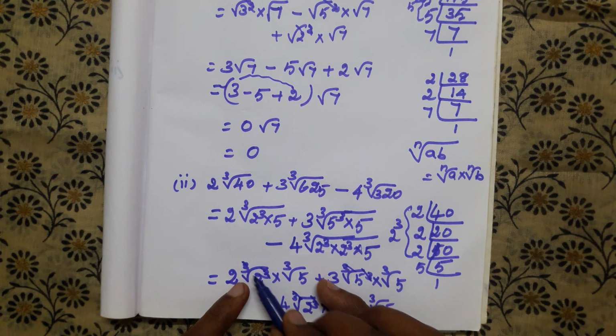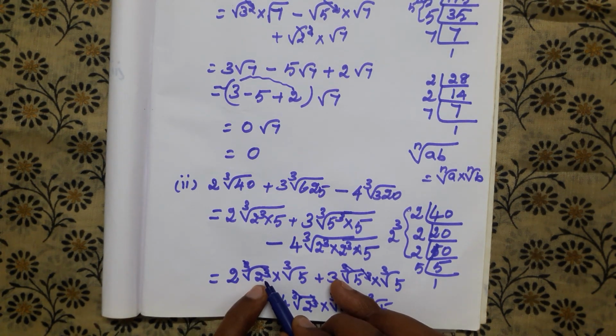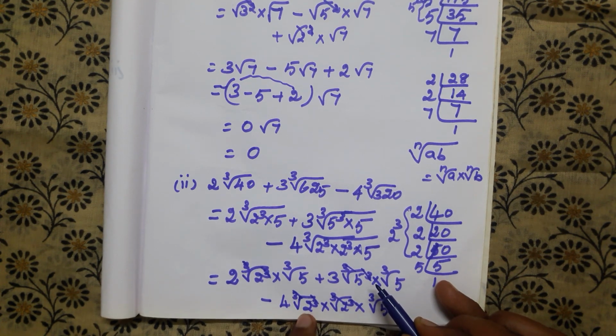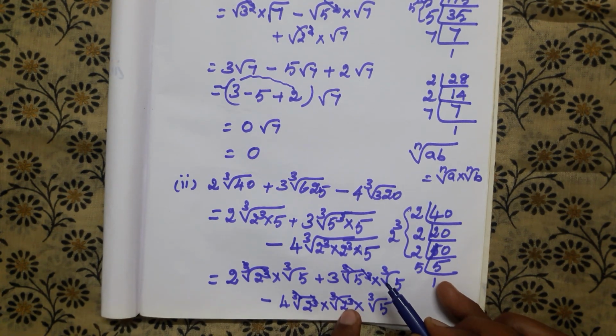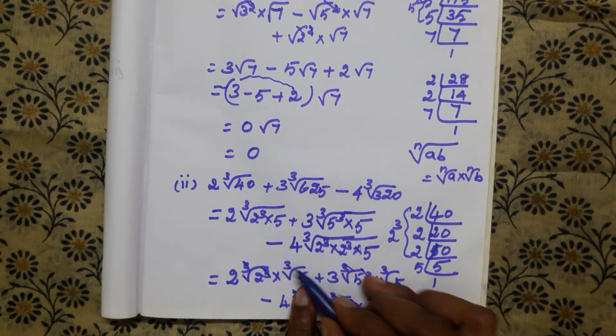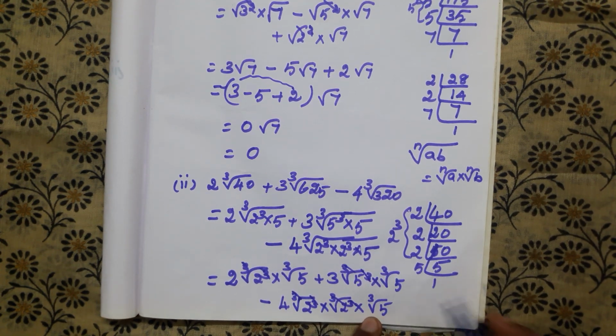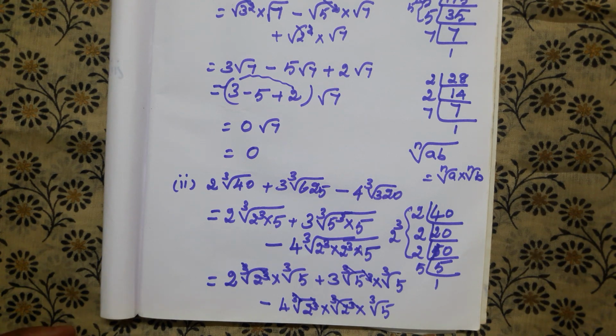Here the order and power are the same, so cube root of 2 cube is 2, cube root of 5 cube is 5, cube root of 2 cube is 2, cube root of 2 cube is 2. Here the order and power are not the same, so we write the same: cube root of 5, here also, and here also.